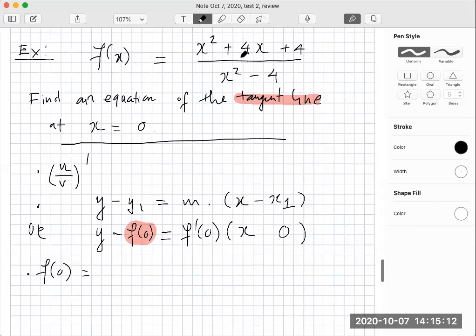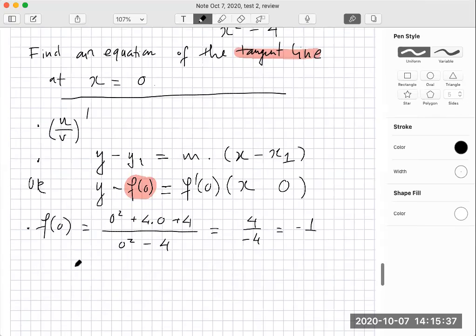Substitute it into the equation right here: 0 squared plus 4 times 0 plus 4, divided by 0 squared minus 4, which will be 4 divided by -4, and it is -1. Very good. Easy now, right?